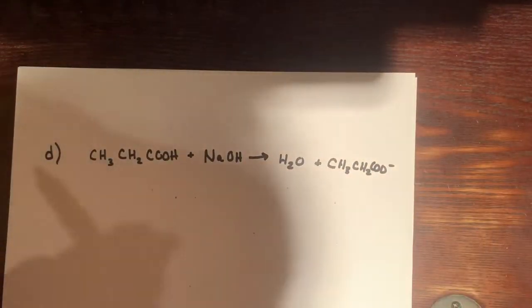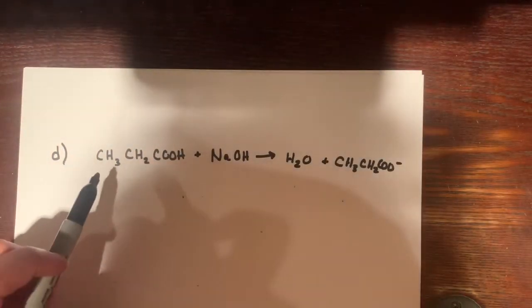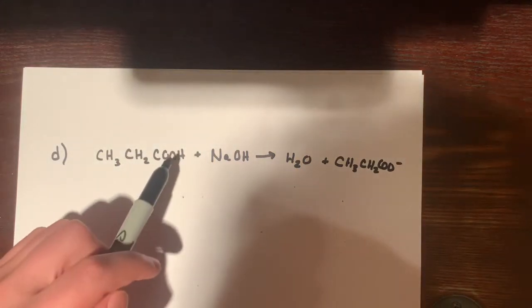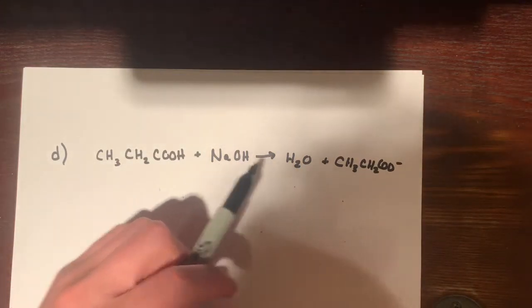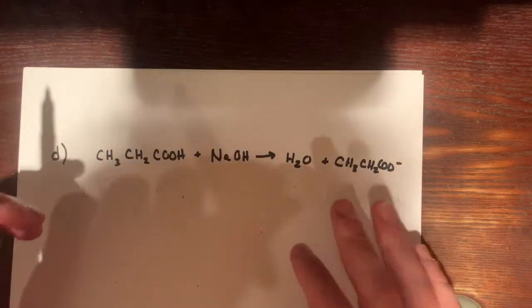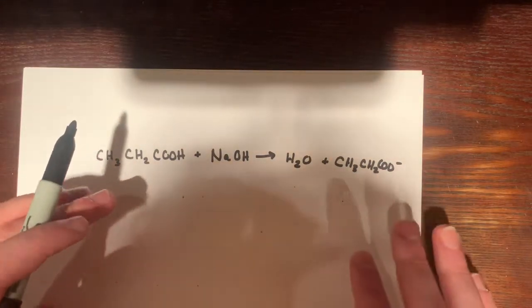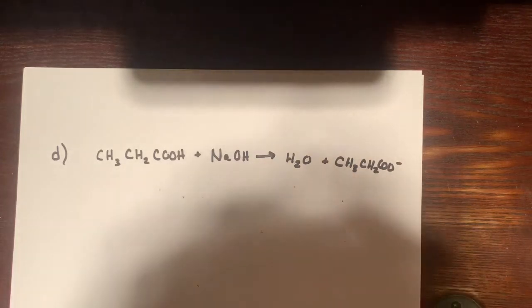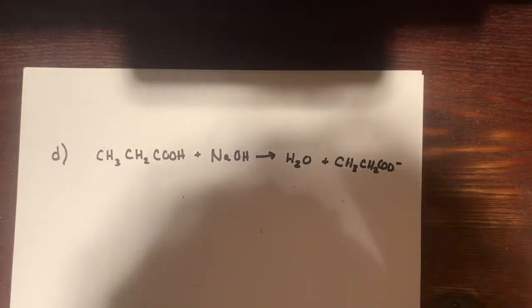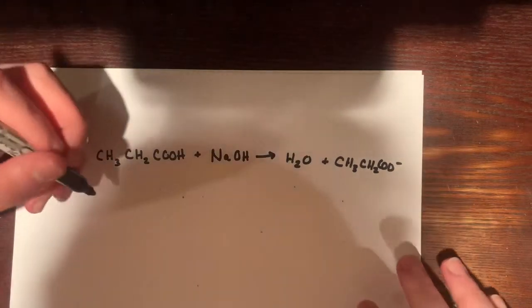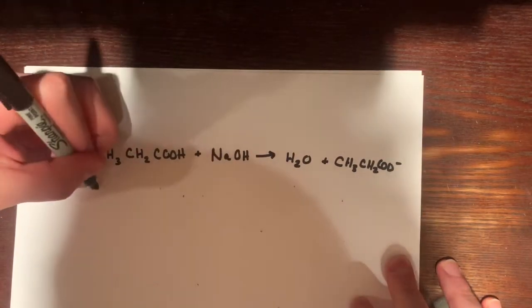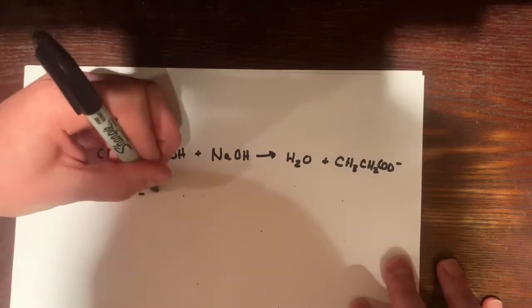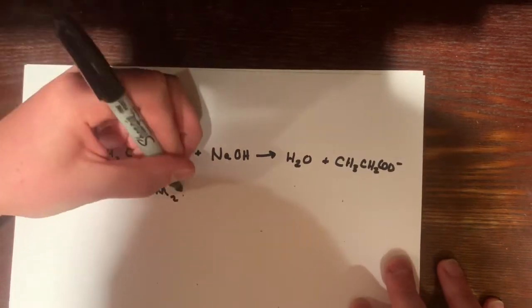So you can see from that equation that the monoprotic acid and everything else in there is in a 1-to-1 ratio. So because of that, I wanted to make things easier on myself and use the handy M1V1 equals M2V2 equation.